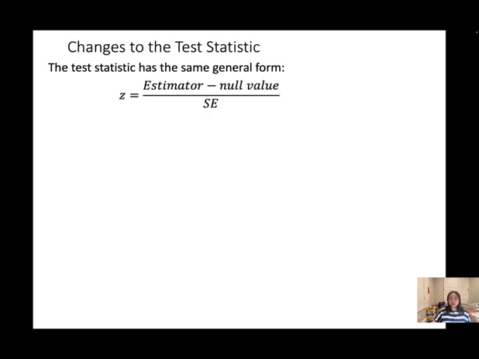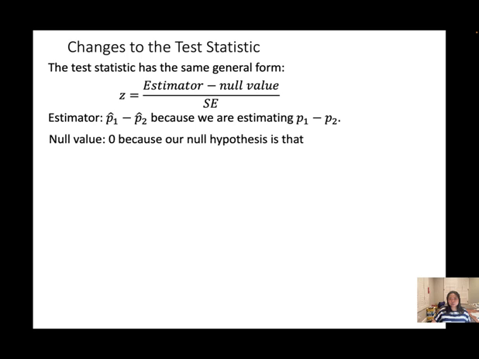And then we do have the test statistic for two population proportions. The z will be your test statistic. Use the estimator minus the null value, and then divide by the standard error.